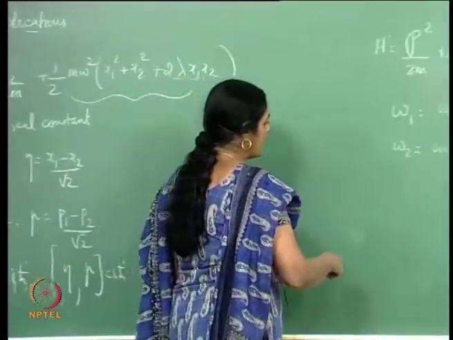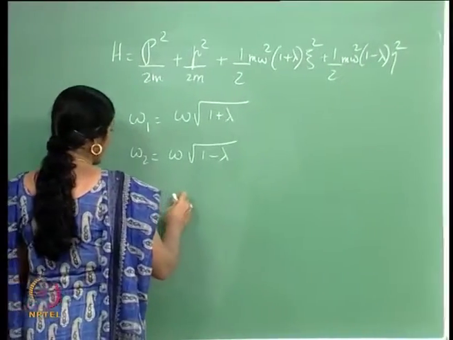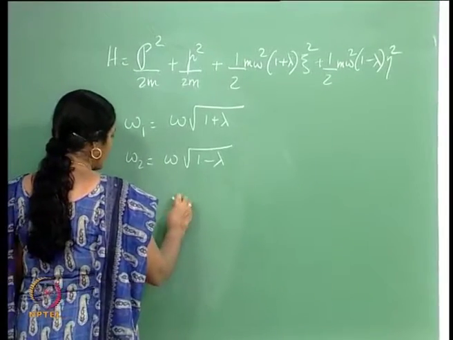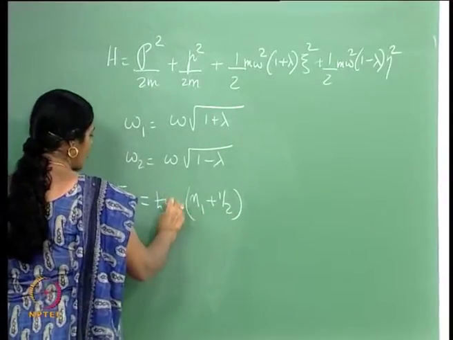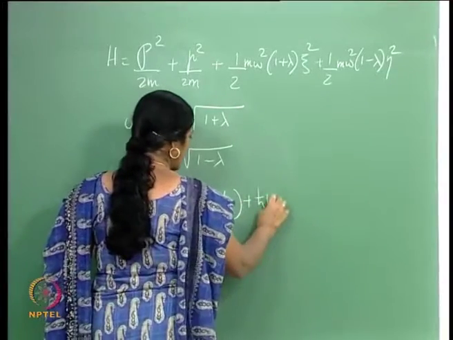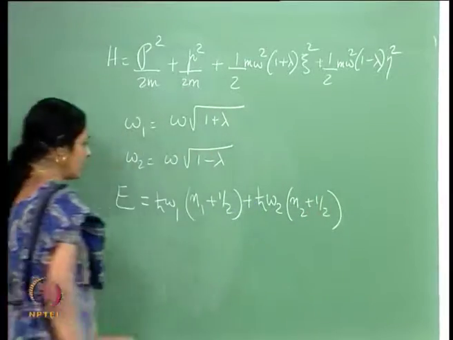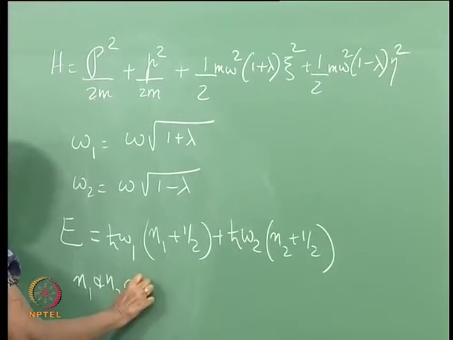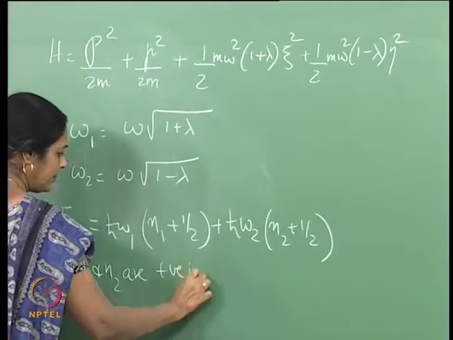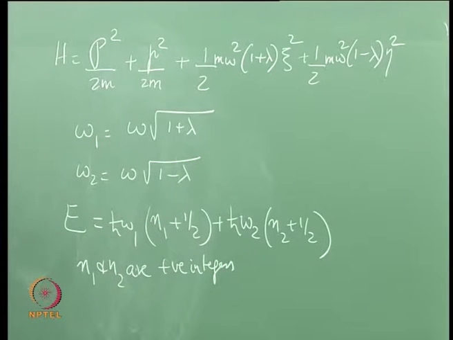So, what is the total energy? The first oscillator will give me (n1 plus half) h cross omega 1. The second one gives me (n2 plus half) h cross omega 2, where n1 and n2 are positive integers, taking values 0, 1, 2, 3 and so on.